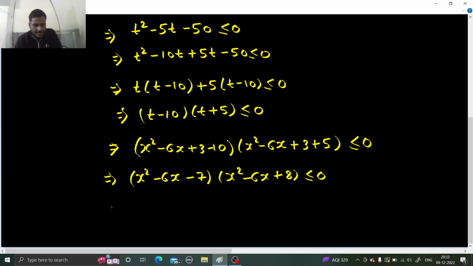Now if I factorize this, how can you do so? 6 I have to split, so minus 7x plus x, and here 4 and 2.